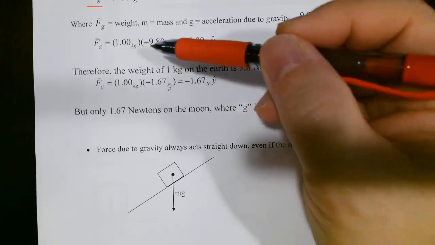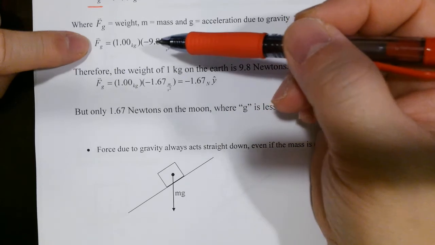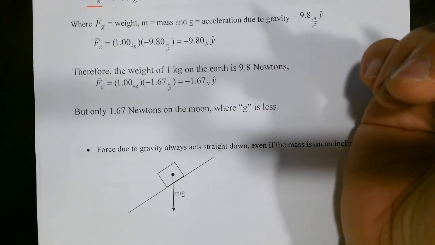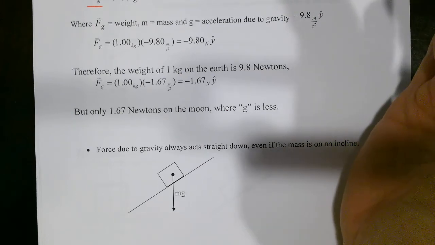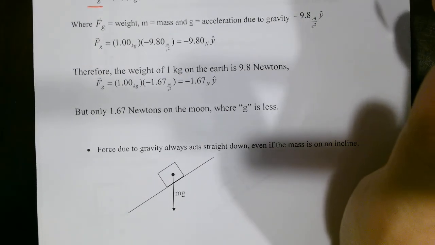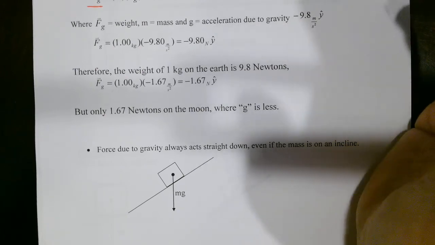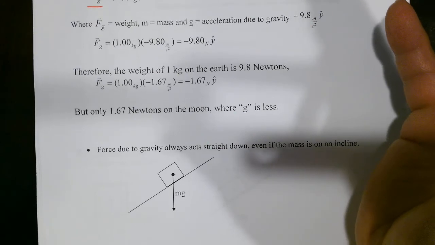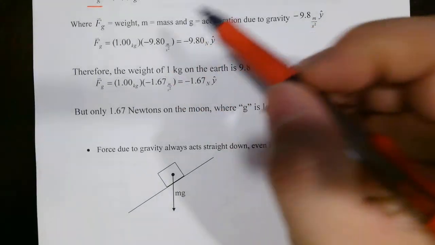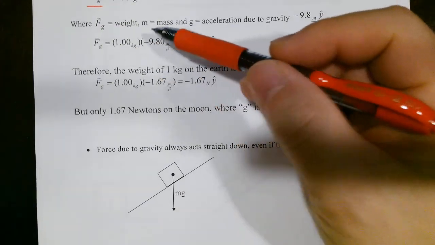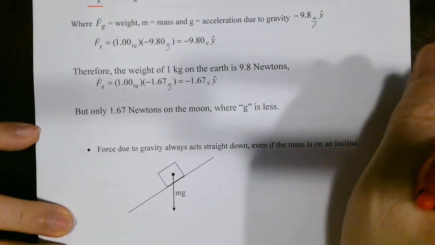But the gravitational interaction also involves distance, and we'll learn about that more later. The distance from the center of the Earth to the surface of the Earth will be different than the distance from the center of Jupiter to the surface of Jupiter. So even though Jupiter may be much, much more massive, because the surface is further away from the center, it may not be as big as you think for the acceleration due to gravity.